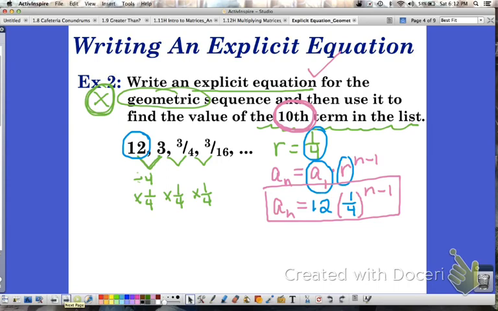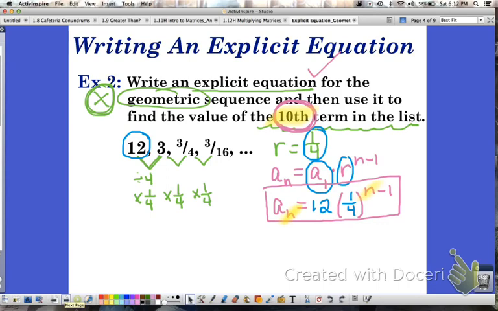Well, earlier I told y'all that the n in the sequence equation represents the term number that you're on. Well, if I want the 10th term, then I'm going to put a 10 in place of n, both there and there, because those are the two places I see an n.